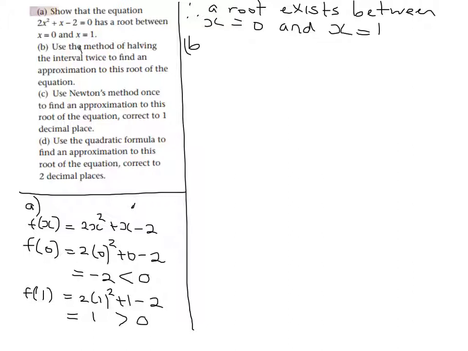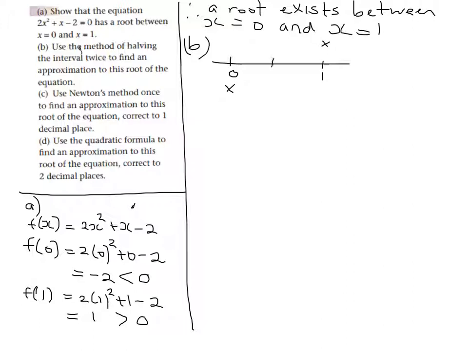Part B. Use the method of halving the interval twice to find an approximation. So our interval, it's a good idea to draw the interval, 0, 1. And we know at 0 it's negative and at 1 it's positive.